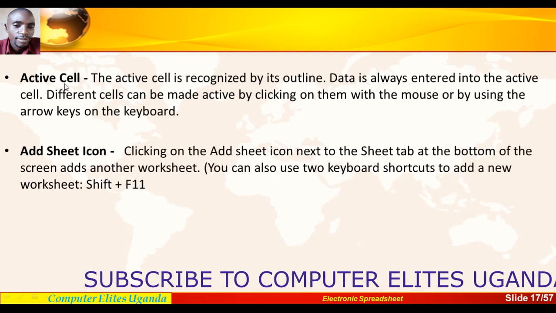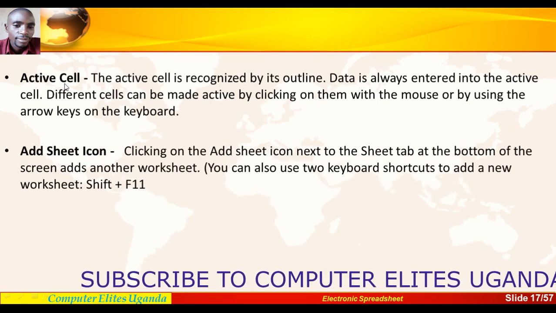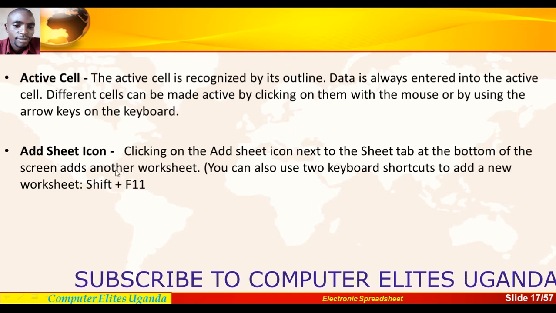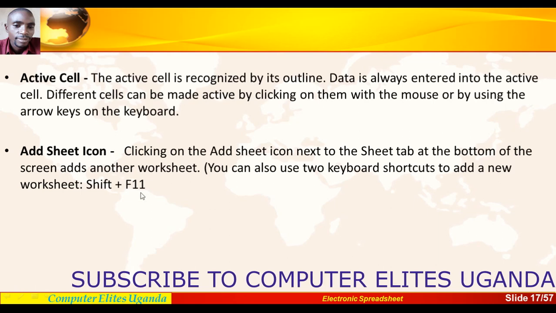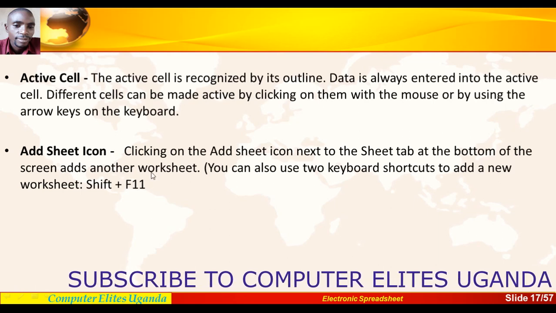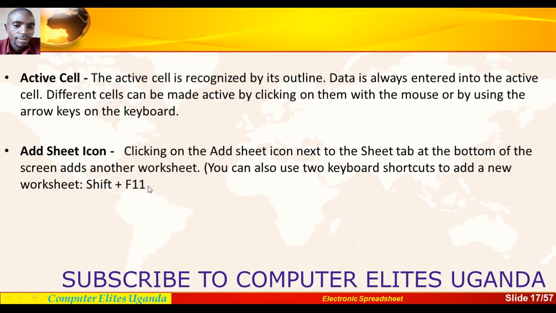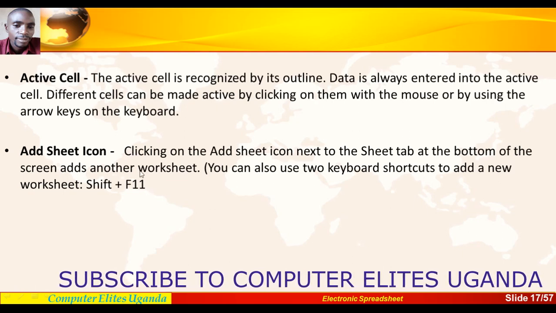Then another part, we have the sheet tab or the sheet icons. That is, information is always entered into sheets. So you can have sheet 1, sheet 2, sheet 3, among other sheets, depending on the information you're entering onto those sheets.